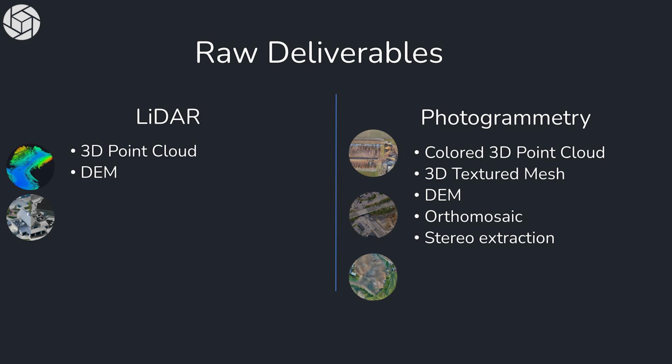Planimetrics, topographic information can be derived from that. With photogrammetry, via dense image matching, you can generate colored 3D point clouds, 3D textured meshes, orthomosaics, etc. So you've got more outputs and more products available from the photogrammetric workflow than you might have from LiDAR by itself.